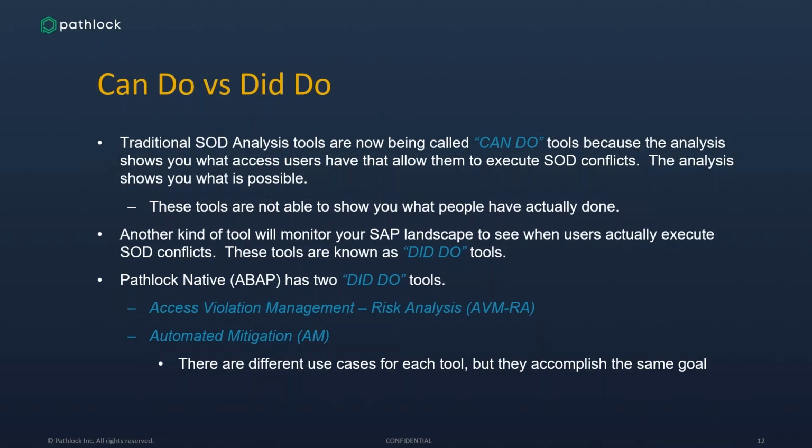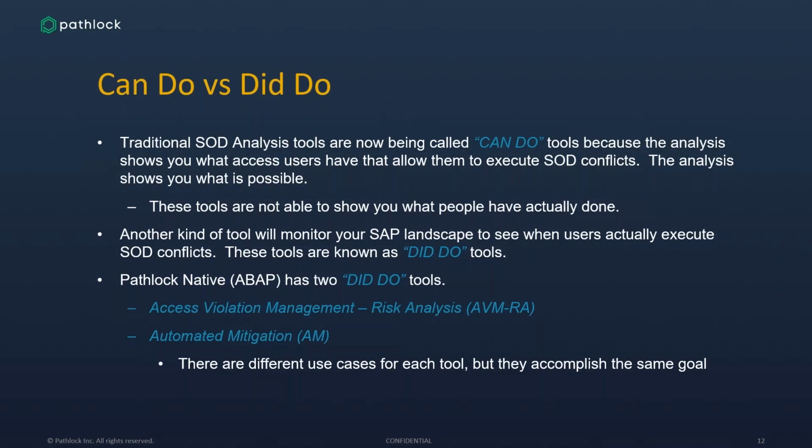The flip side of it are the did do tools. What did you actually do? Regardless of your access, what did you actually do? Did you create an accounts payable vendor and then post an invoice to that vendor that you created? Obviously they would be on the same company code. Well, that's really what you want to know.